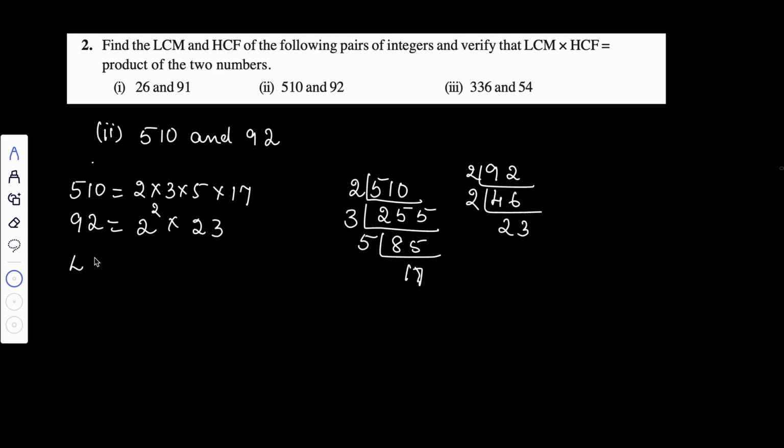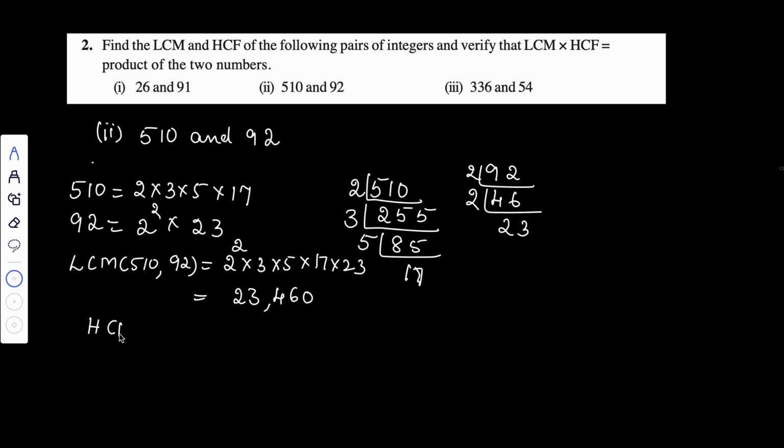Now we'll find the LCM of this. 510 and 92 is equal to, we'll write all the factors. 2 is there, 3, 5, 17 and 23, and the highest power of 2 is 2, remaining all are 1. When we simplify this, we are getting 23,460.